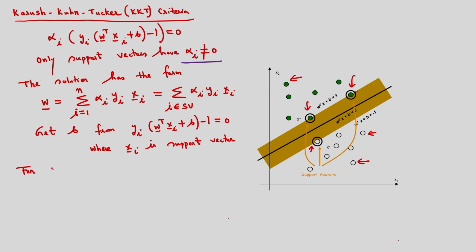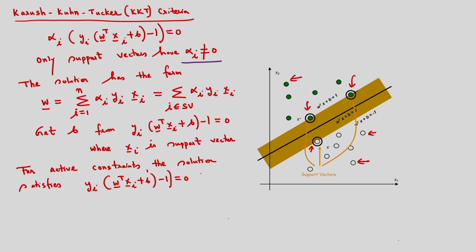For active constraints, the solution satisfies yi (w transpose xi plus b) minus 1 is equal to 0, then alpha i will be greater than or equal to 0.